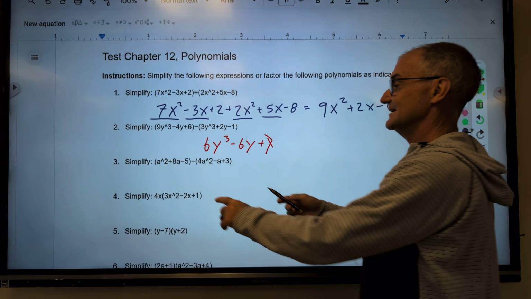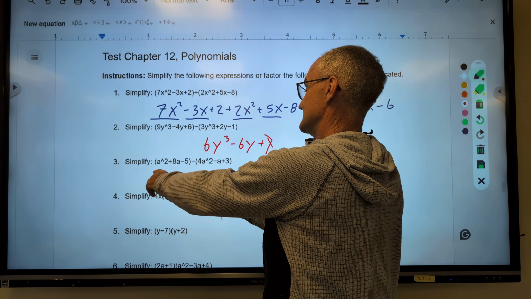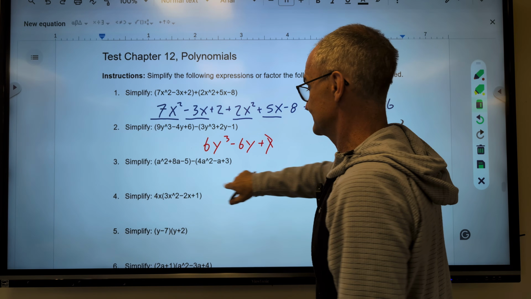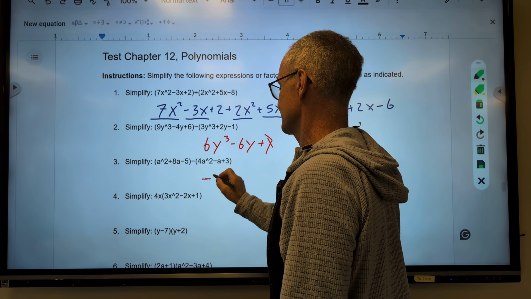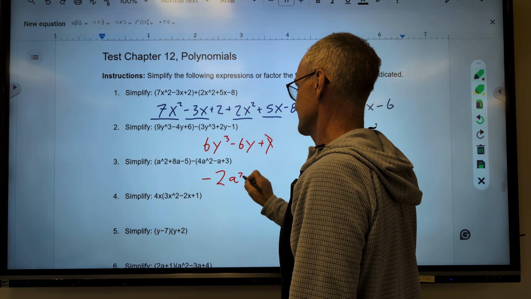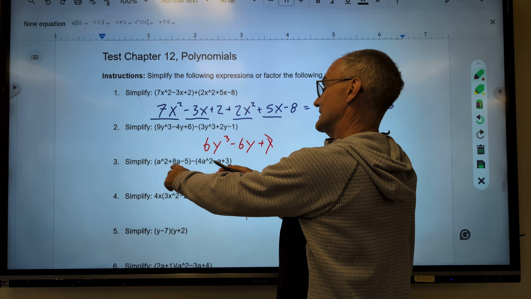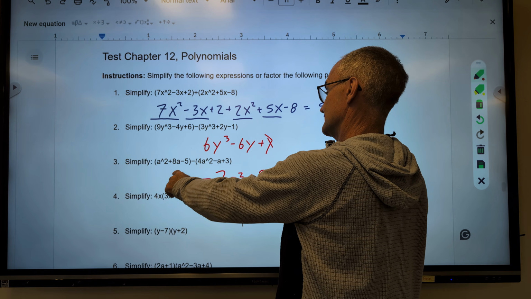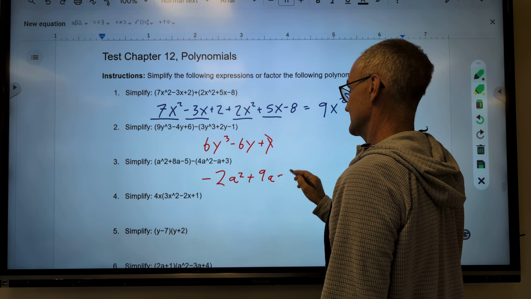Okay, number 3, a squared minus 4a squared is going to give me negative 2a squared. Eight a minus the negative is plus, so that's going to give me 9a. Negative 5 minus 3, negative 8.